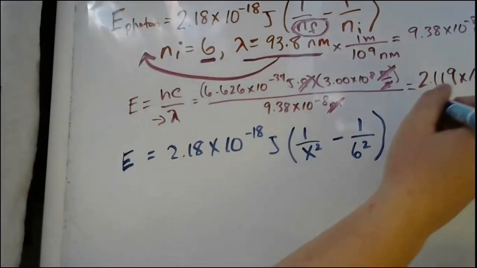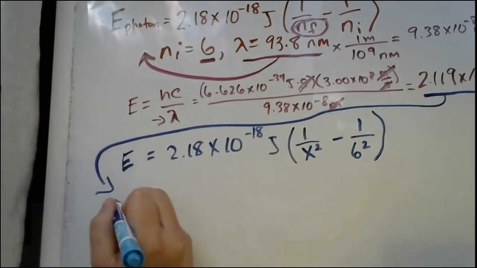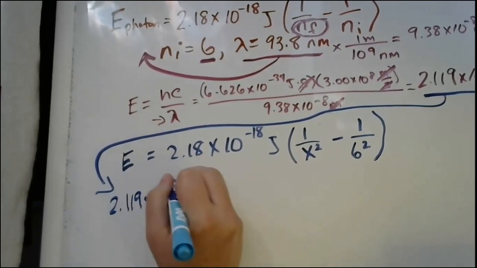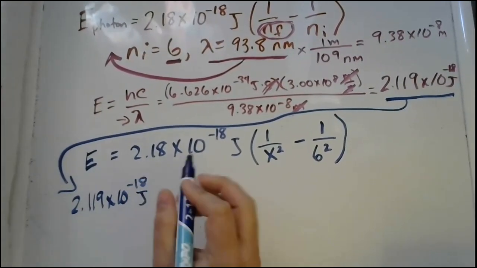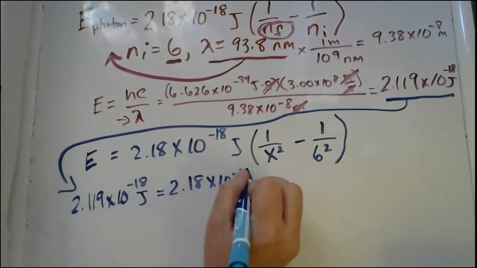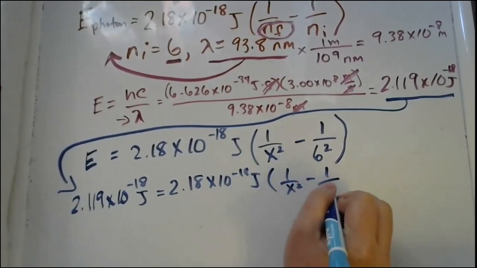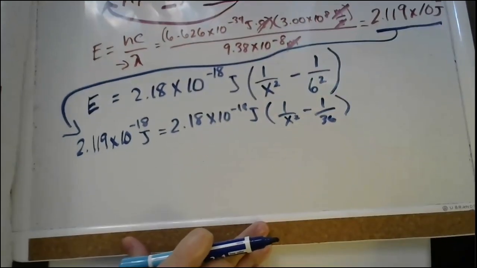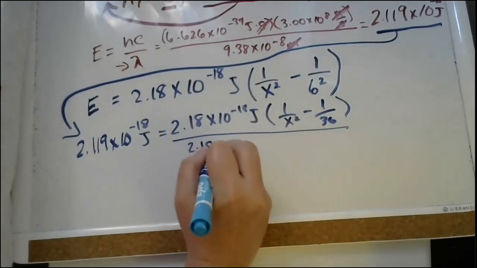So now we have this value that we're going to plug in here. 2.119 times 10 to the negative 18 joules equals 2.18 times 10 to the negative 18 joules, times 1 over x squared minus 1 over 36. Now what I would recommend doing at this point is dividing both sides by this Rydberg constant to get rid of it.